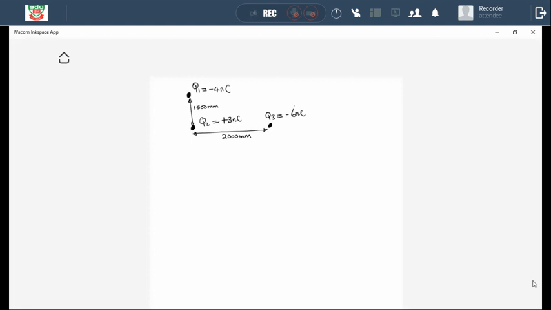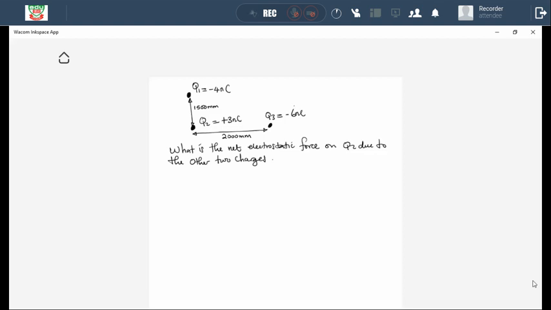And our question says, what is the net electrostatic force on Q2 due to the other two charges? We know that these other two charges are charge 1 and charge 3.